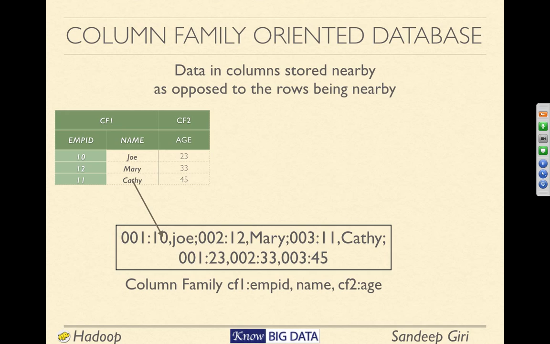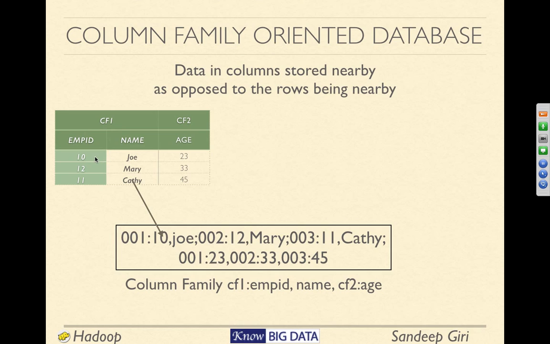In a column family oriented database, the data in one column family gets stored first, then the next column family, and then the next column family. Which means data of a column family is closer to each other. As you can see here, there are two column families, CF1 and CF2. CF1 contains two columns, employee ID and name, while CF2 has age.